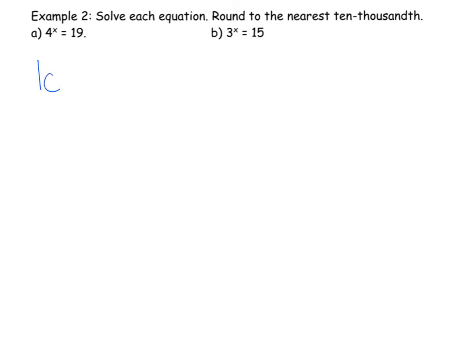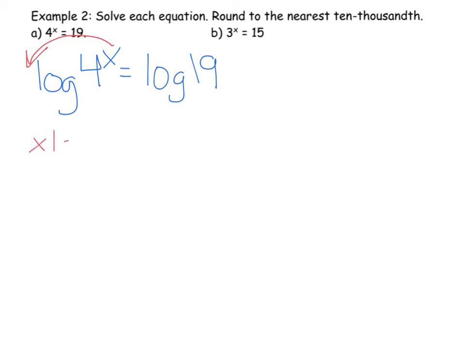So we're going to actually add a log on both sides so that we have log 4 to the x equals log 19. And now we're going to use some of our other properties. So if you remember the power property, that means we can move this power to the very front. So we have x times log 4 equals log 19.